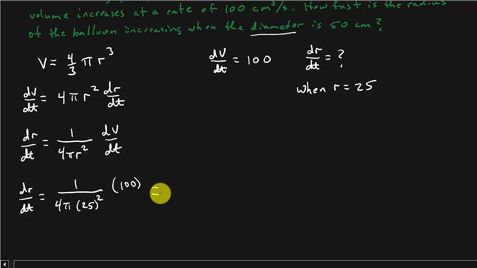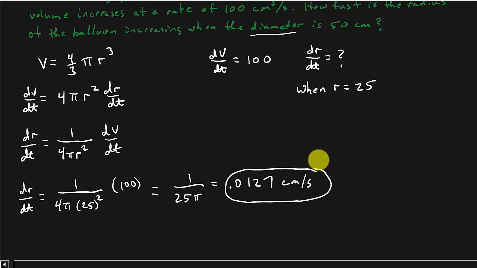I can reduce it, and that's 1 over 25 pi, which is approximately 0.0127, and that's going to be centimeters per second, because the radius is measured in centimeters.